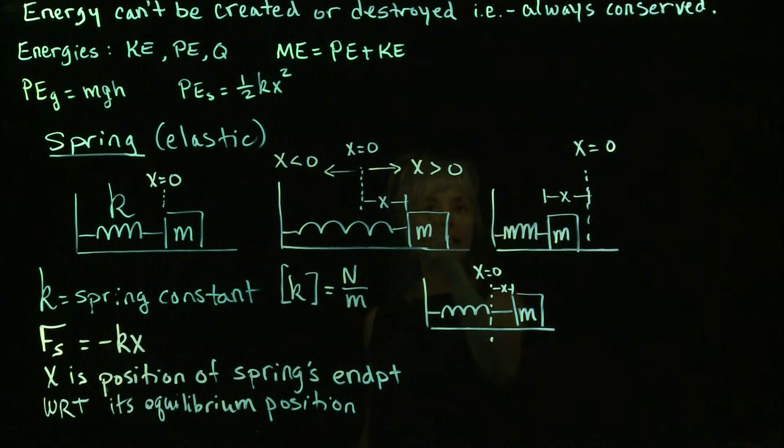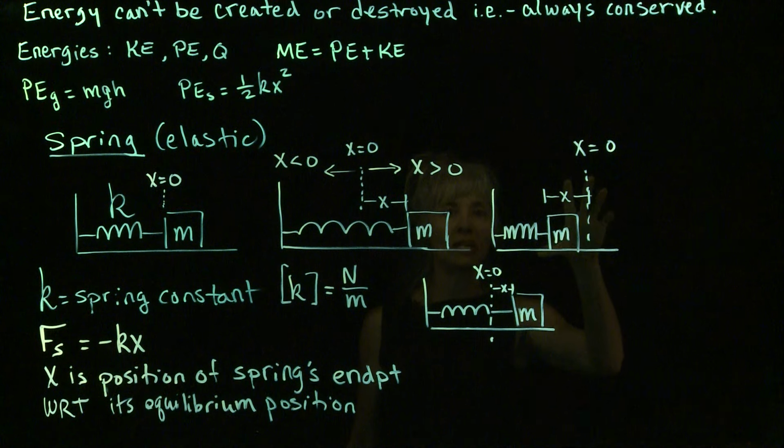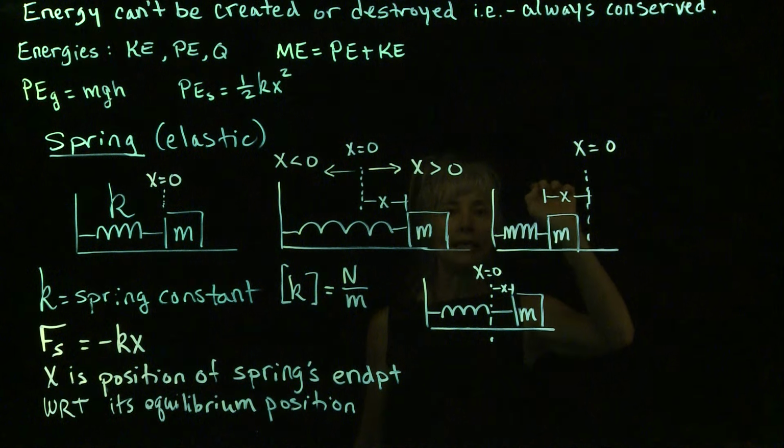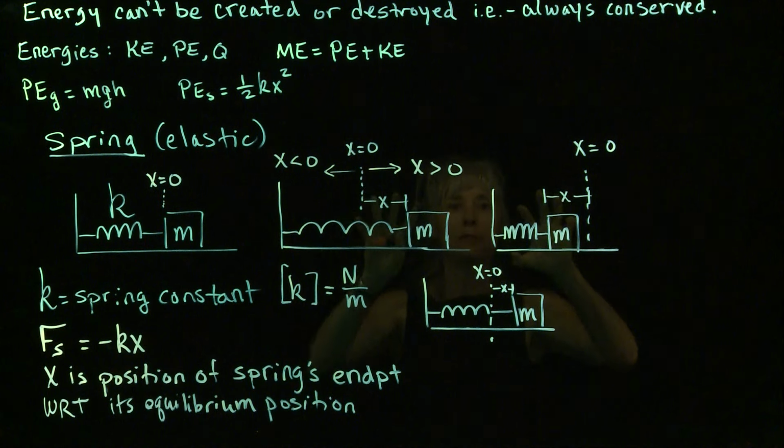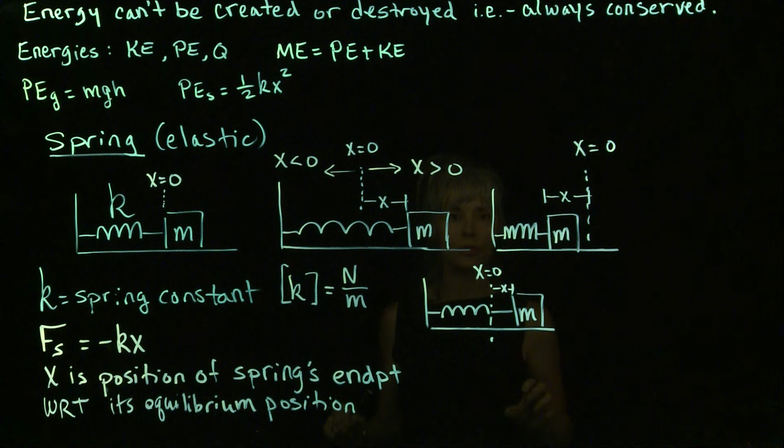If these distances are the same, then the potential energy that is stored in the spring's field in the expanded scenario is exactly the same as the potential energy stored in the spring's field in the compressed scenario. Again, assuming that these expansions and compressions are exactly the same distances, then the potential energies associated with those two are exactly the same as well.